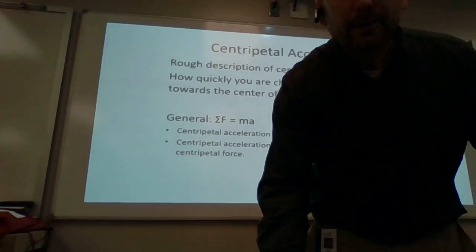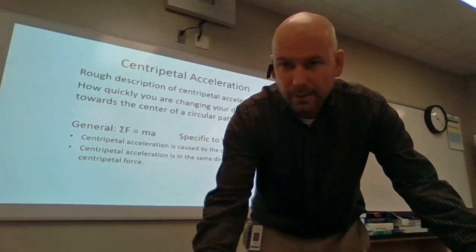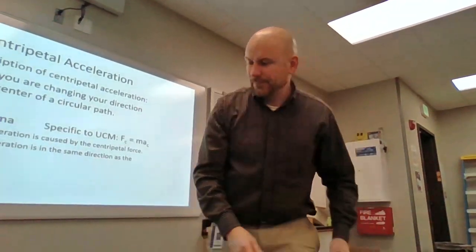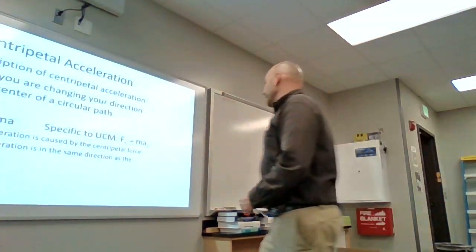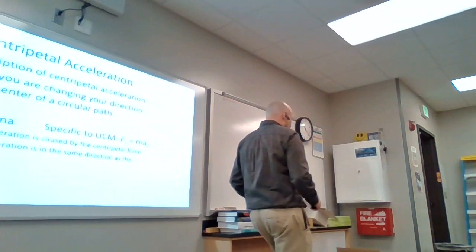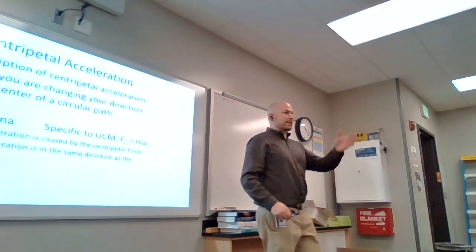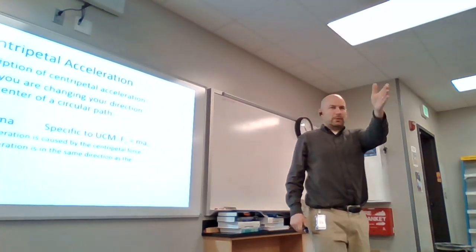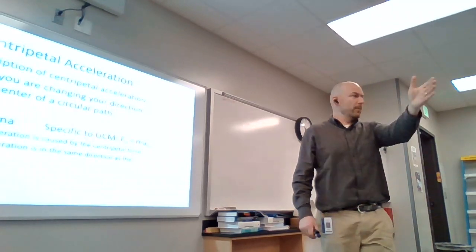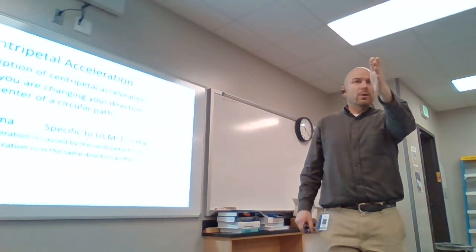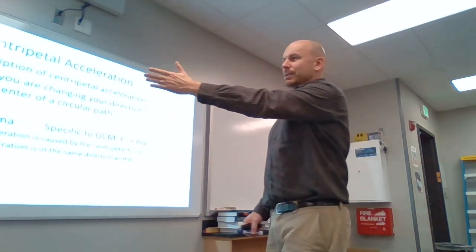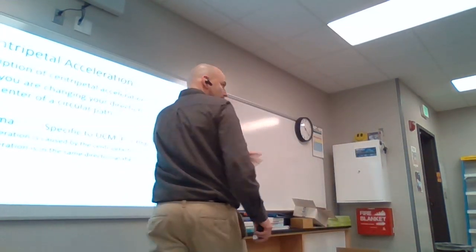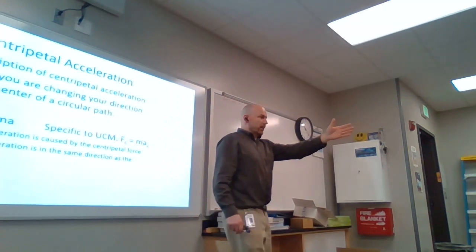Okay, now if you are going in a circle, in a circular path, the direction of your velocity is always the way you're pointing. But if you're moving in a circle, the direction in which you're moving is constantly changing. Does everybody see this? Here's the way I'm moving.